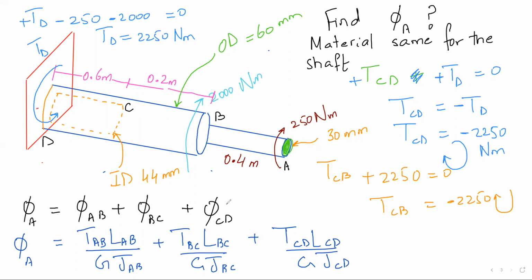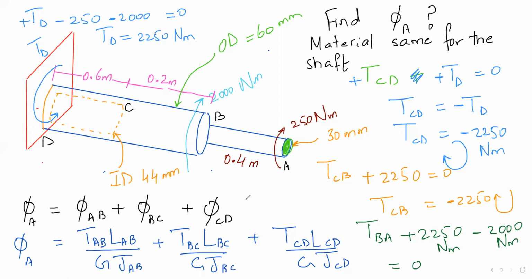And then you will proceed with BA. So your T_BA will be anti-clockwise at the reaction. That is T_D, which is 2250. But now you also have 2000 in clockwise. So equal to 0, and T_BA comes out to be 250.